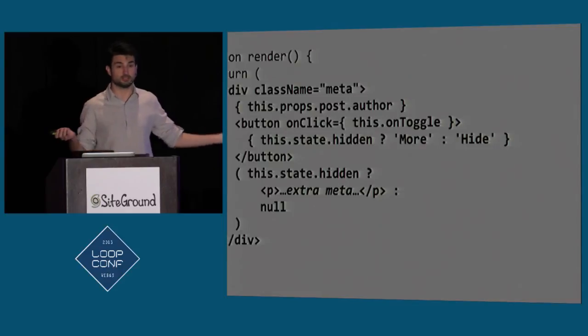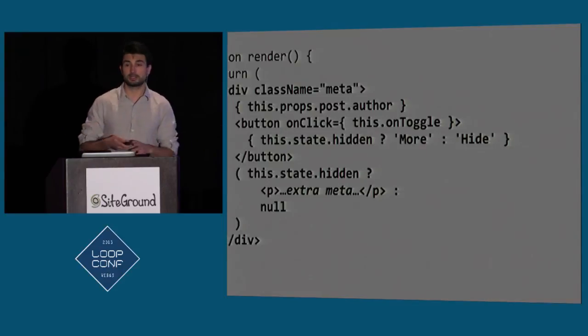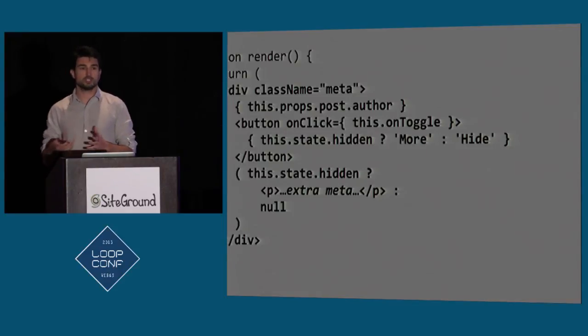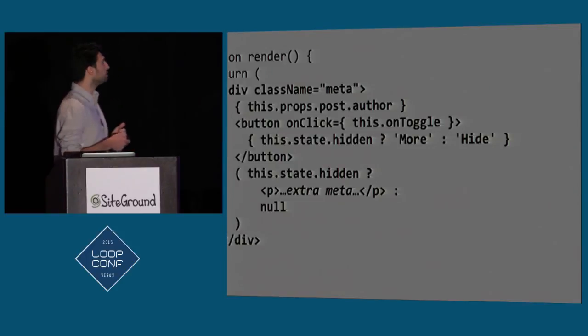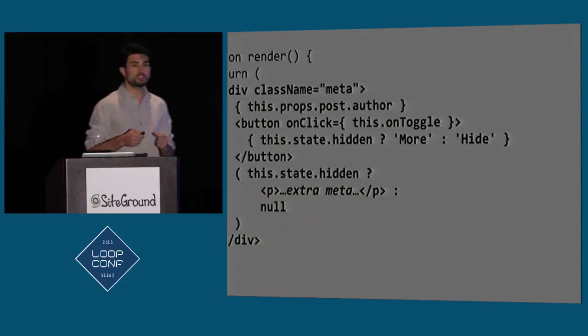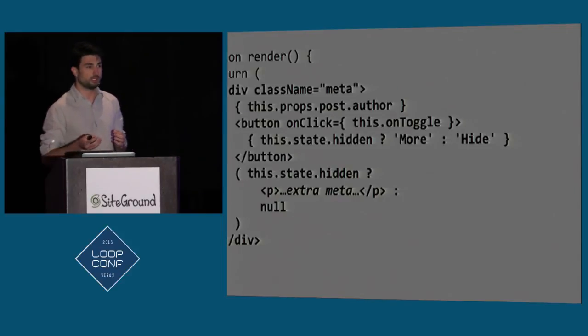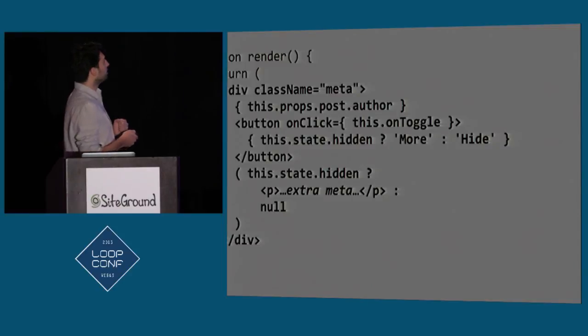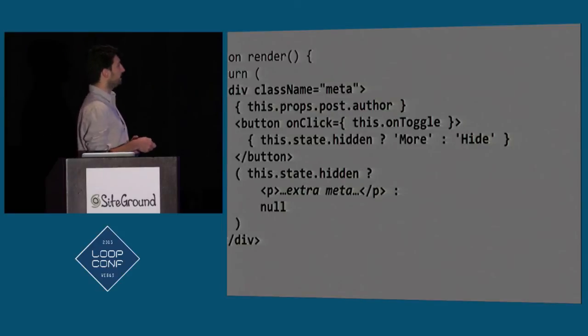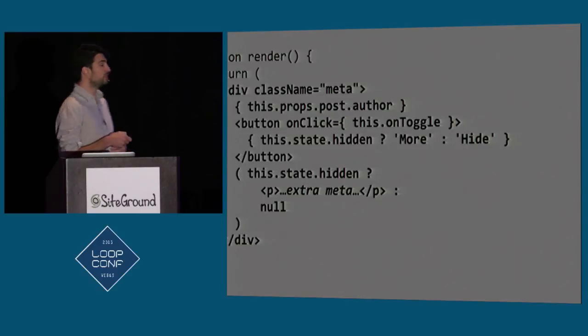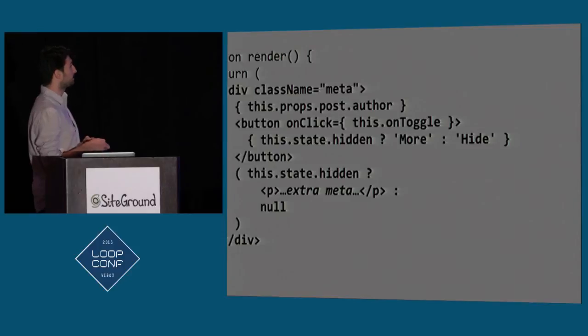And React does. It's really like magic. And it changes a lot the way we think about our apps, because every time you look at a component, you see the absolute final version of this HTML. You can see what will happen if the extra meta is hidden. It will be no. And you see what will happen if the extra state is not hidden.